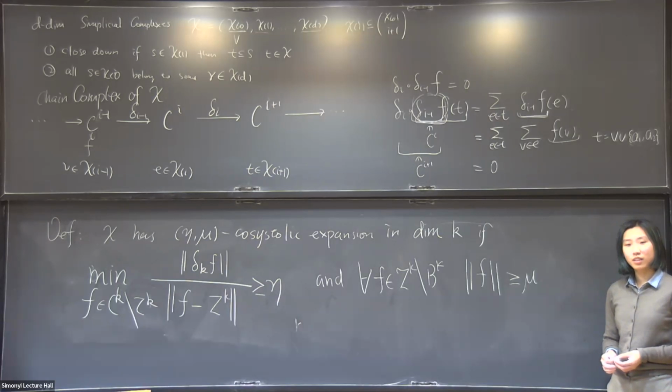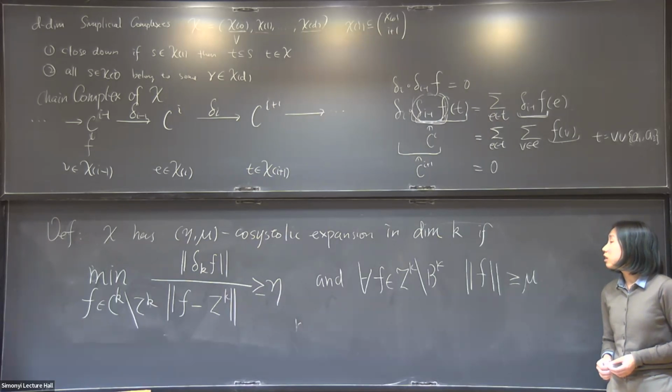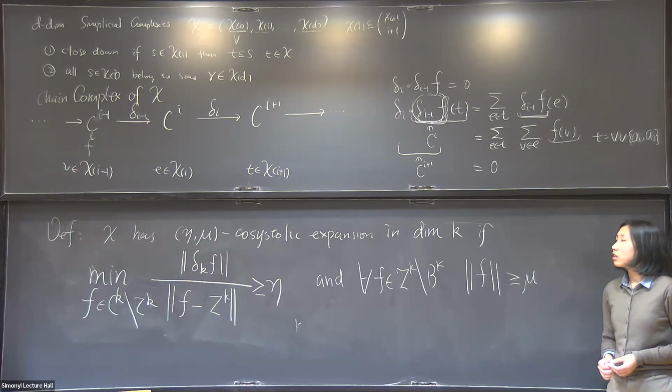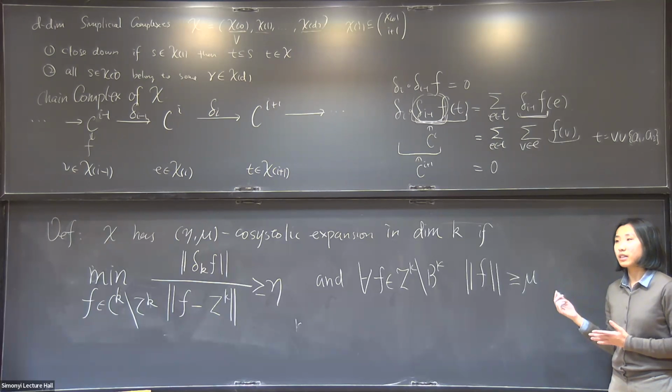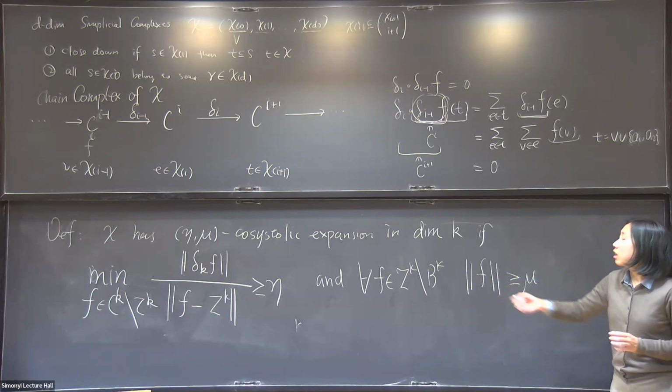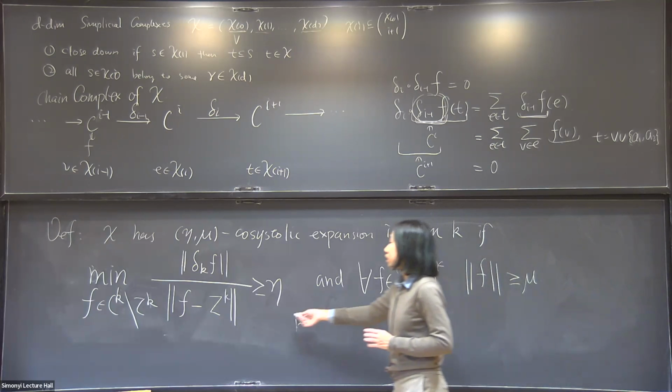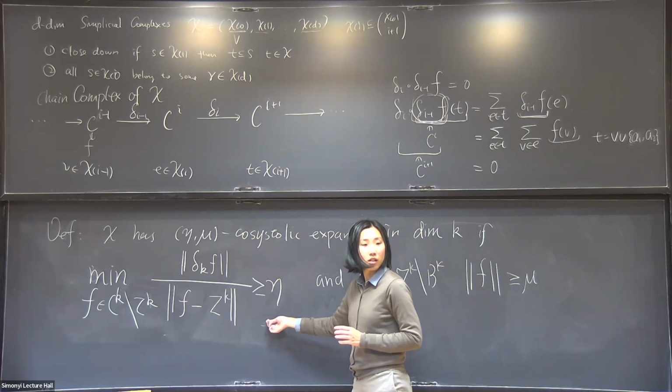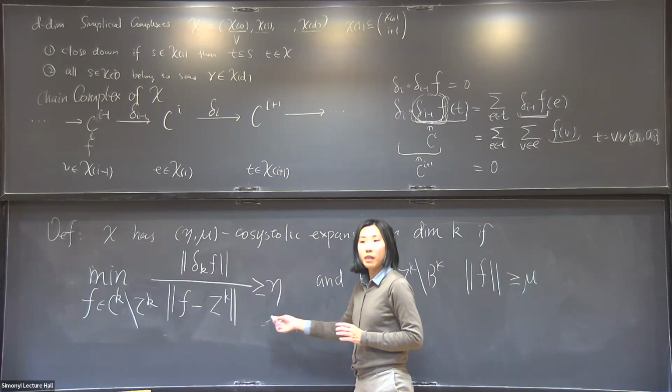Great. Actually, wait, sorry. In dimension zero, you said all the connected components have to be large, but what about the other one? The other one is saying coboundary expansion means that you can only have one connected component. Oh, I see.